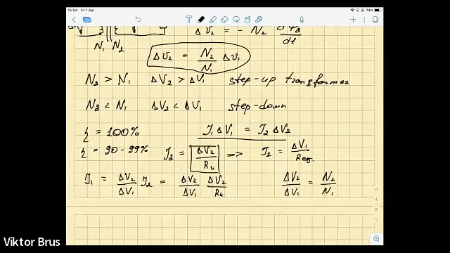So in this case, we use this substitution. So we can express it delta V, sorry, not V already, we want to get rid of V. So it will be N2 over N1 times delta V2 divided by RL.